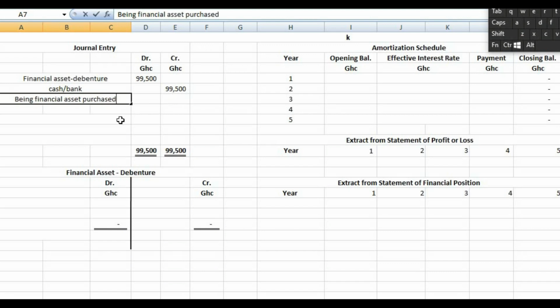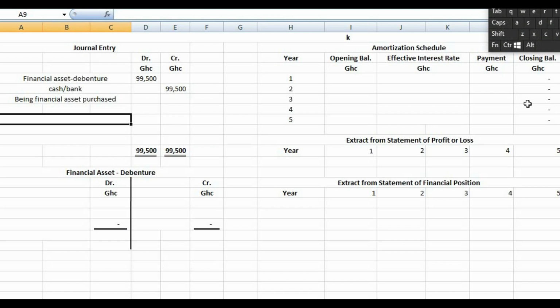Then we could see there was a transaction cost also incurred. As we already know, the standard requires us that financial assets, when acquired, we need to add the transaction cost to it. For financial assets that are to be amortized, we need to add the transaction cost to the value of the financial assets. So we are going to pass a journal to recognize the expense as well.